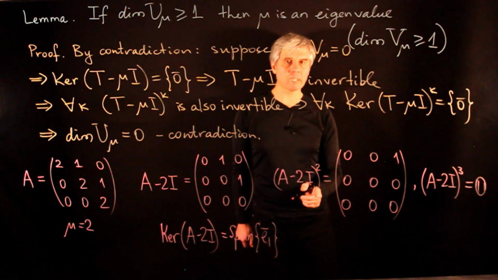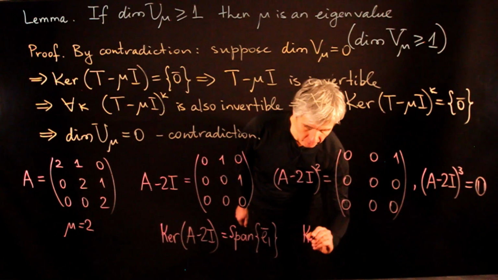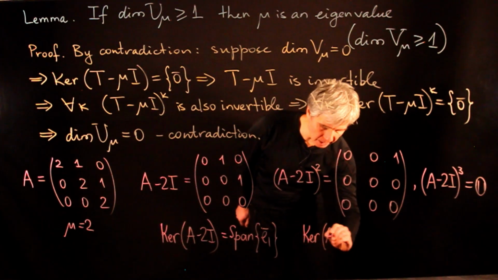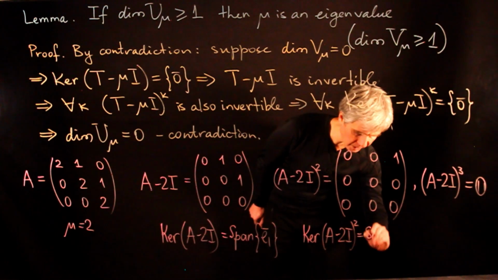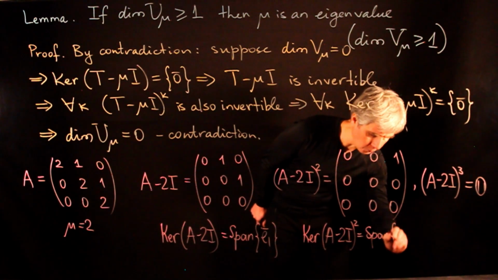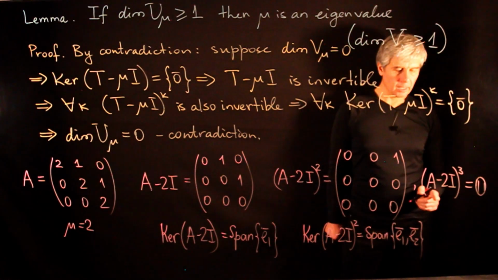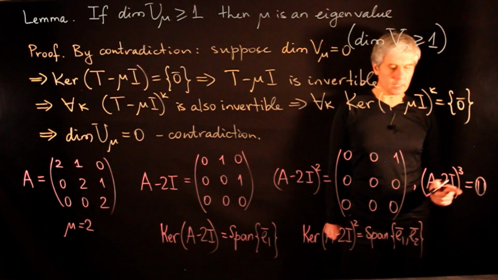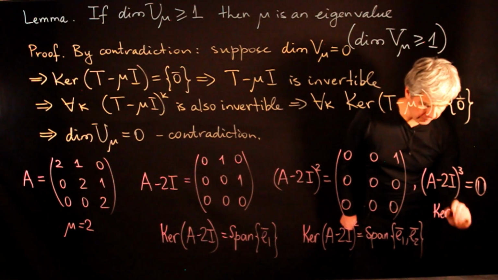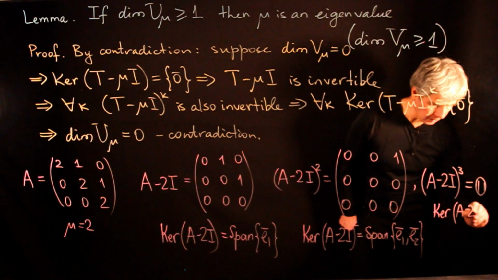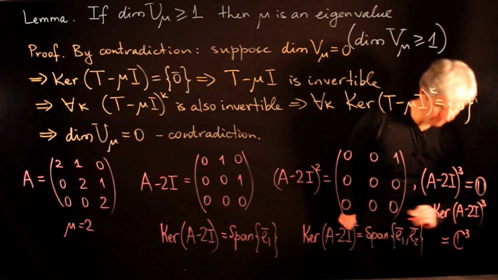The second matrix has two zero columns, and it's easy to see that the kernel of A minus 2I squared is going to be the span of the first two basis vectors. And the cube of this matrix is the zero matrix. So this tells us that the kernel of A minus 2I cubed is the whole space C3.